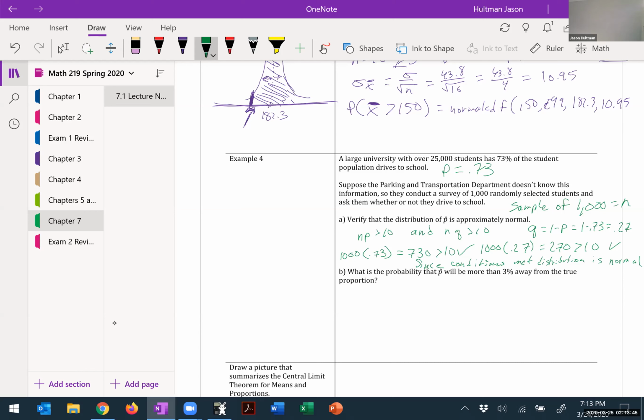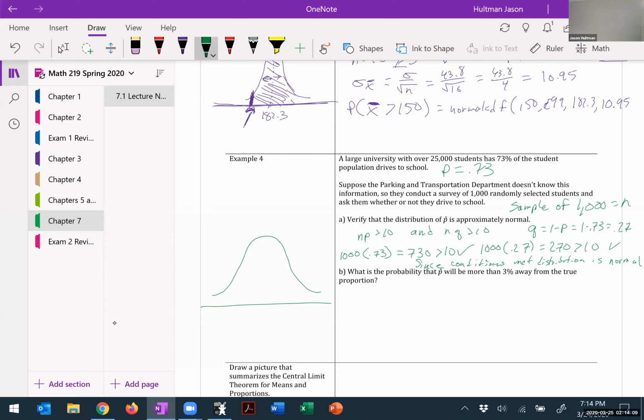What is the probability that p hat will be more than 3% away from the true population proportion? We have the population of 25,000 students, but we're interested in our sample proportions.